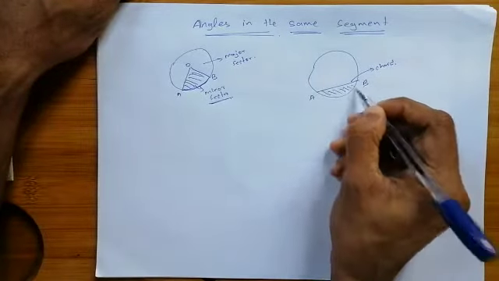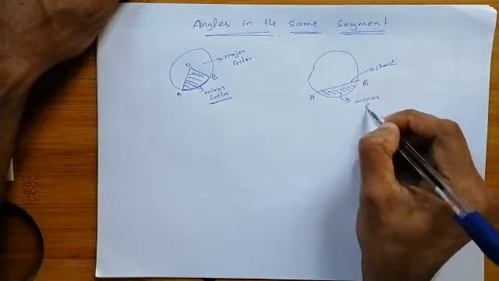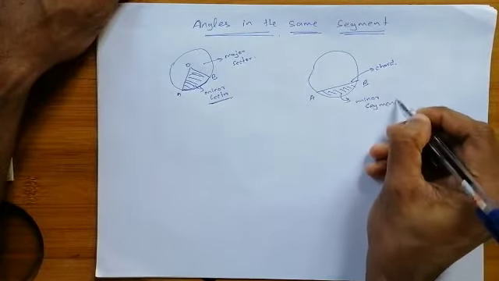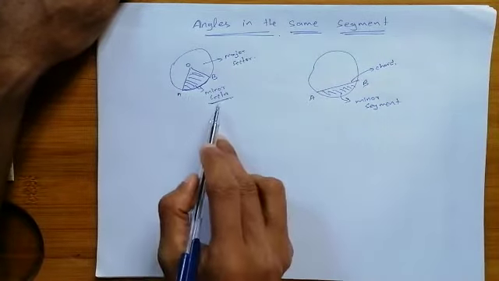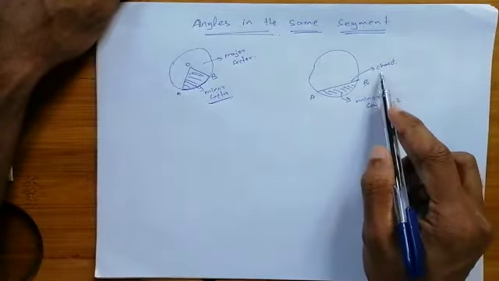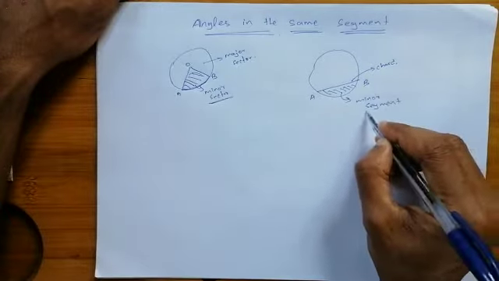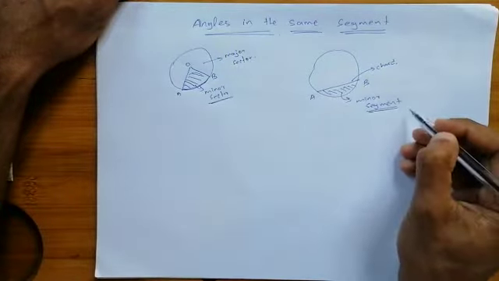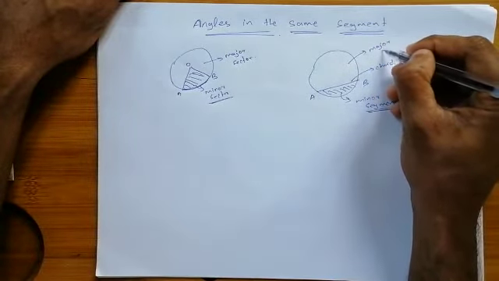The smaller portion we call the minor segment. So when a radius divides a circle, we call it a sector. When a chord divides a circle, we call the portions segments. The larger part is the major segment.